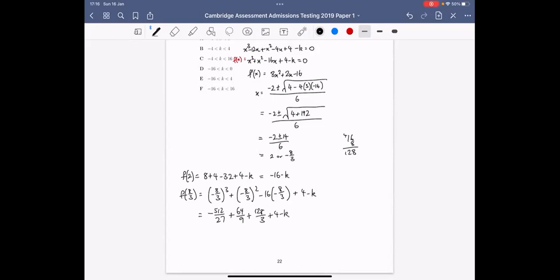I've almost used up the whole page. And then you put them all over 27. 64 times 3 is 192. 128 times 9 is 1,152. 27 times 4 is 108.